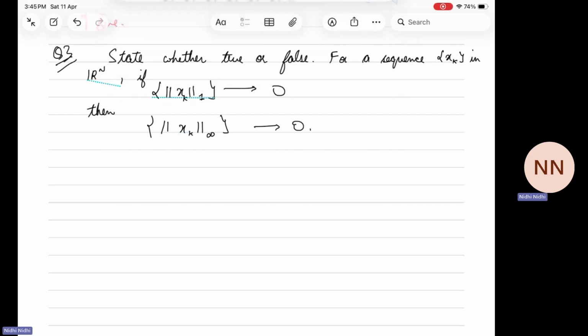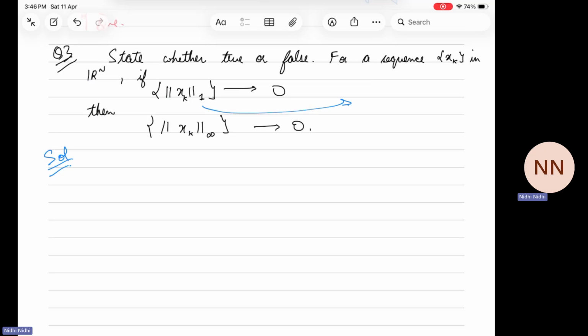So firstly, let's understand the notations here. When we are saying that the sequence is converging to 0, that means this is a sequence of real numbers, because the one norm of xk gives us a real number, and for each k we get a different real number.